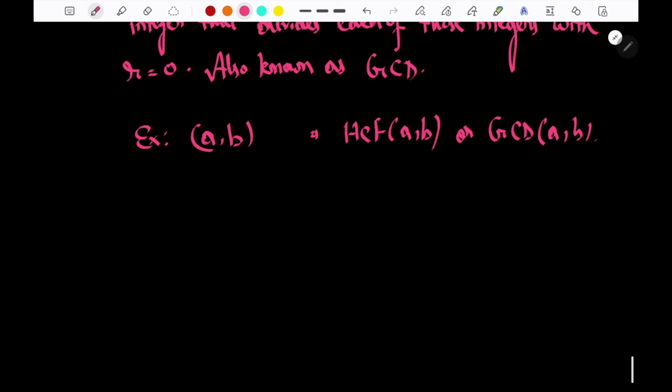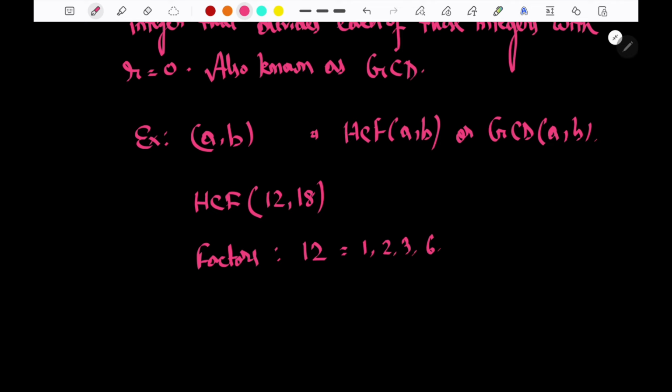So for example, if I say HCF of 12, 18. For 12, we list the factors and then we find out. 12 has factors 1, 2, 3, 6 and 12. What about 18? 1, 2, 3, 6, 9, 18.